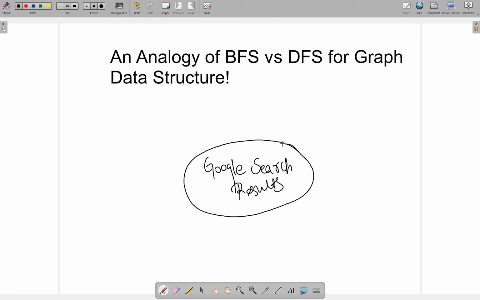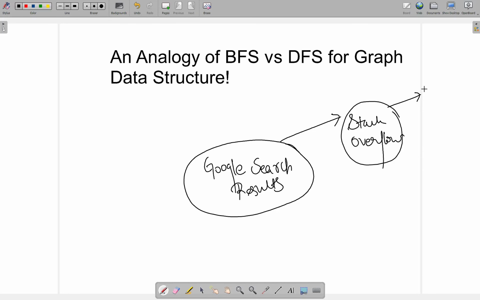Now from the Google search results, you are moving to Stack Overflow. From Stack Overflow, you are going to some other links, maybe the Python docs that we discussed. And from here, you decide that, okay, enough searching, let me come back.